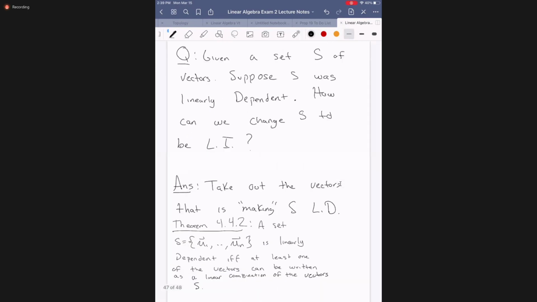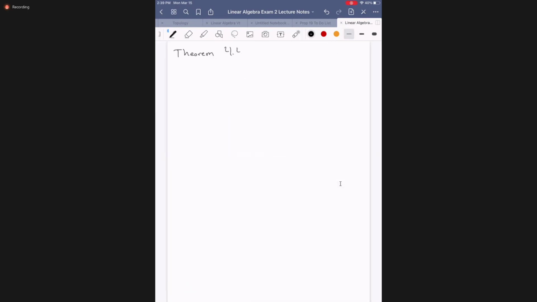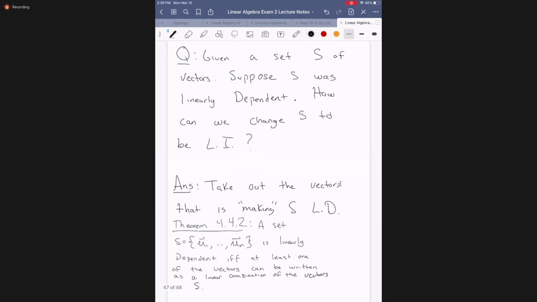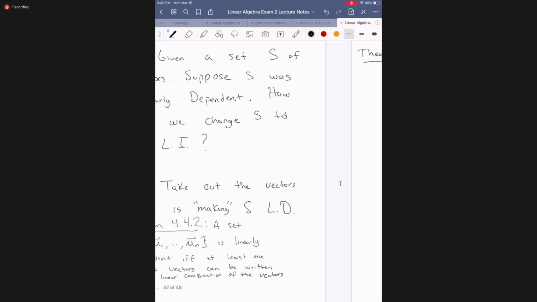And so this is another theorem, 4.4.3. Basically what the theorem is going to say is that if you have two vectors and one is a scalar multiple of the other, then that set is linearly dependent. So all you have to do is compare two vectors and see if one is a scalar multiple of the other. If it is, then take out that vector, and that's all you have to do.